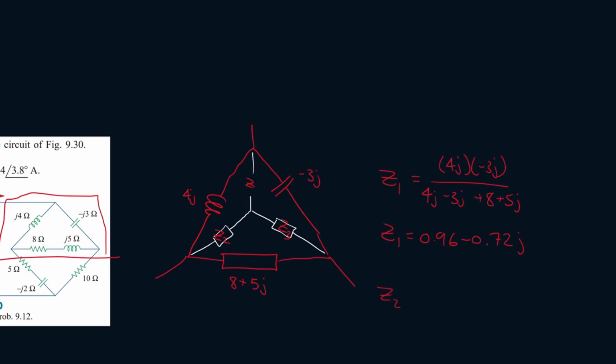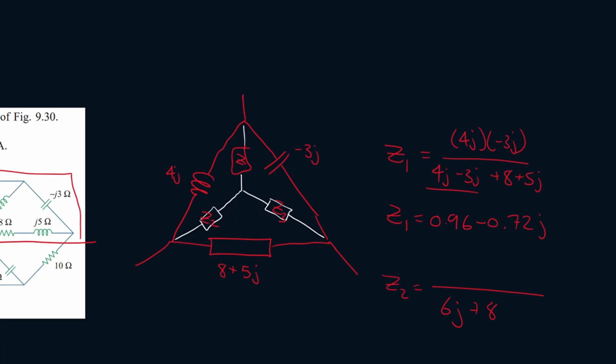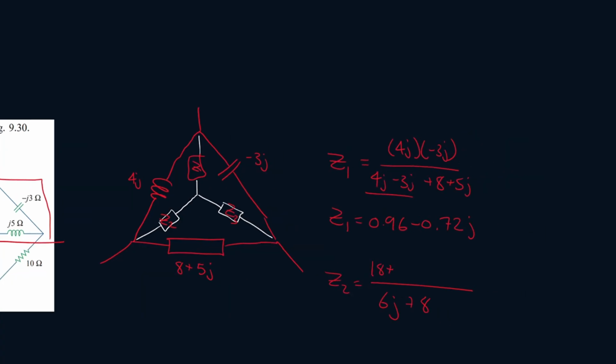Now for Z2, it's the same principle. On the bottom, 4j minus 3j is 1j, plus 8 plus 5j, so 5j plus 1j is 6j, the sum of all the impedance values. For the top, as we go along this direction, we hit the minus 3j, so we ignore it. It'll be 8 plus 5j times 4j.